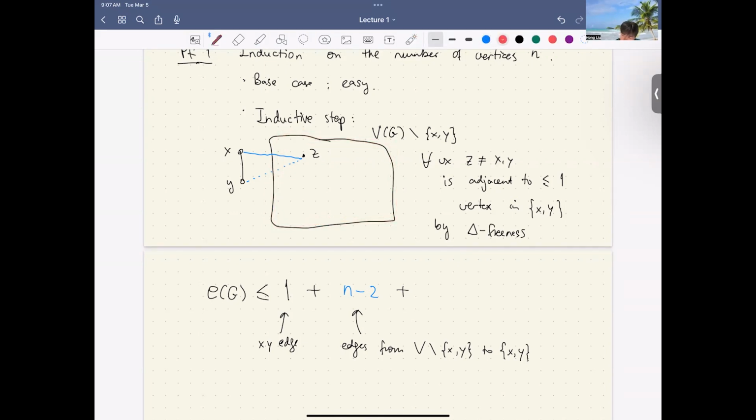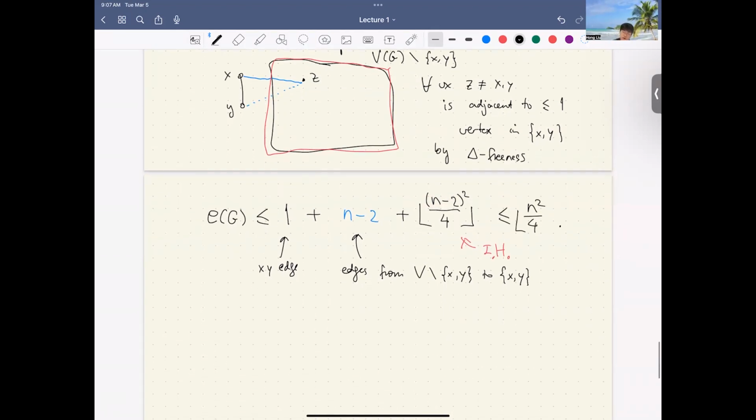So inside here, by the induction hypothesis, IH, the number of edges is at most floor of (n minus 2) squared over 4. Okay, and if you solve this, you get n squared over 4, take a floor.